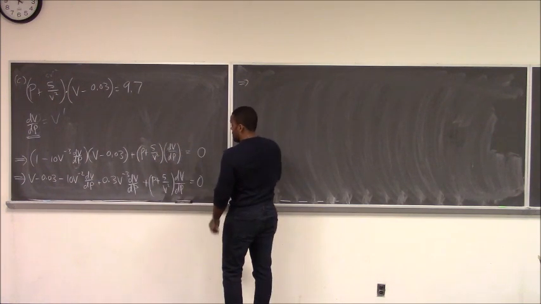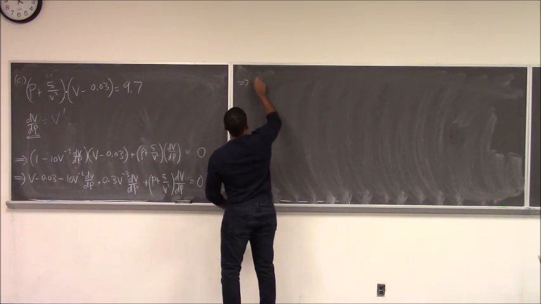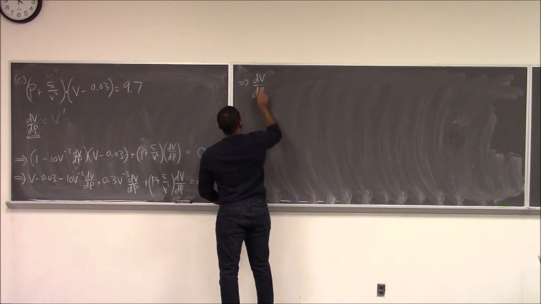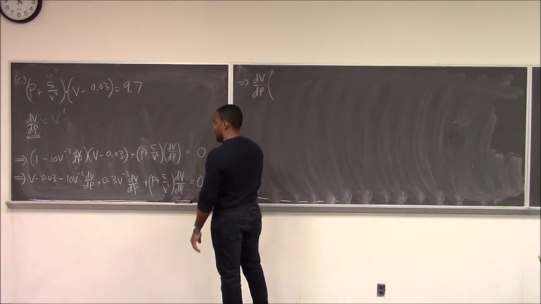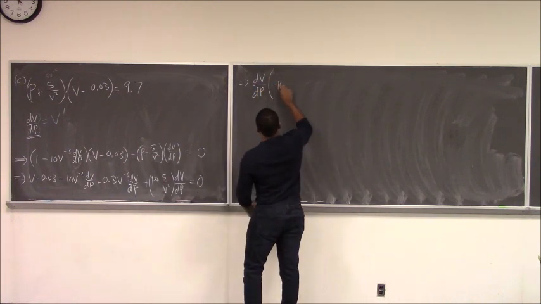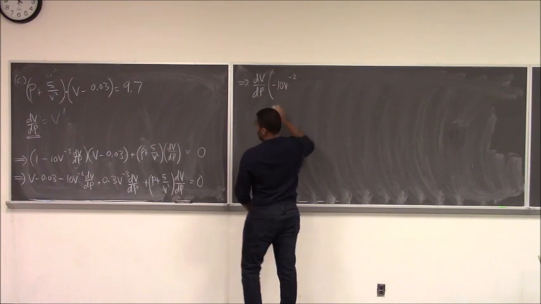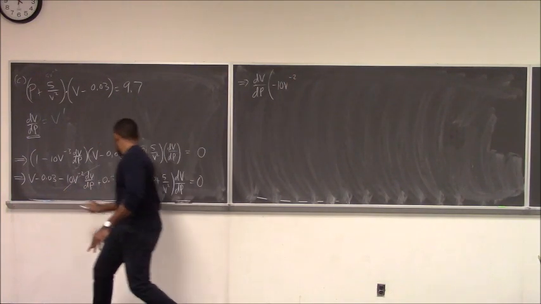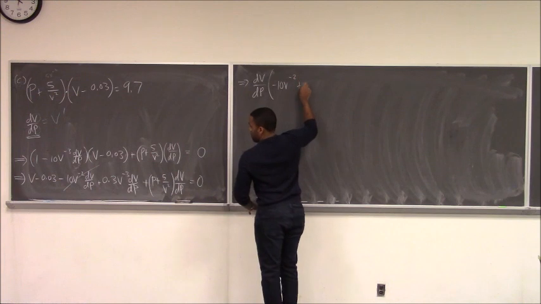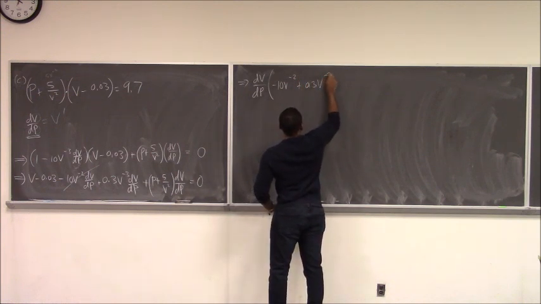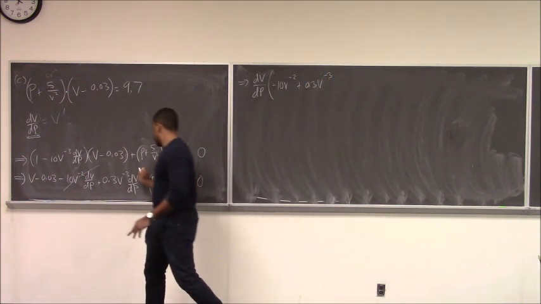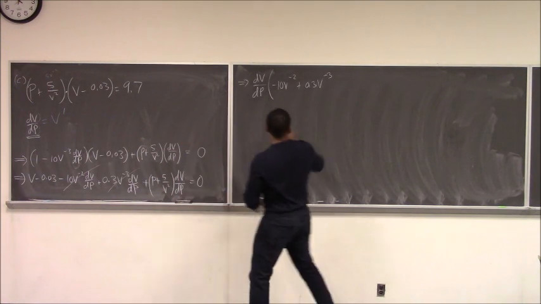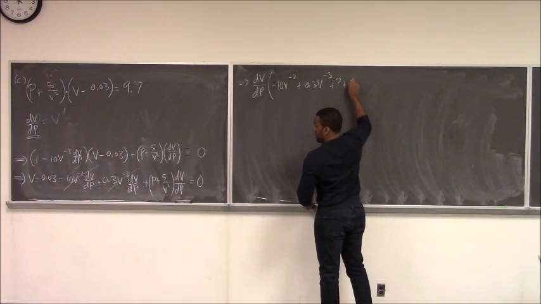So I can isolate the dv dp's. And I would have minus 10v to the minus 2 plus 0.3v to the minus 3 plus p plus 5 over v squared.